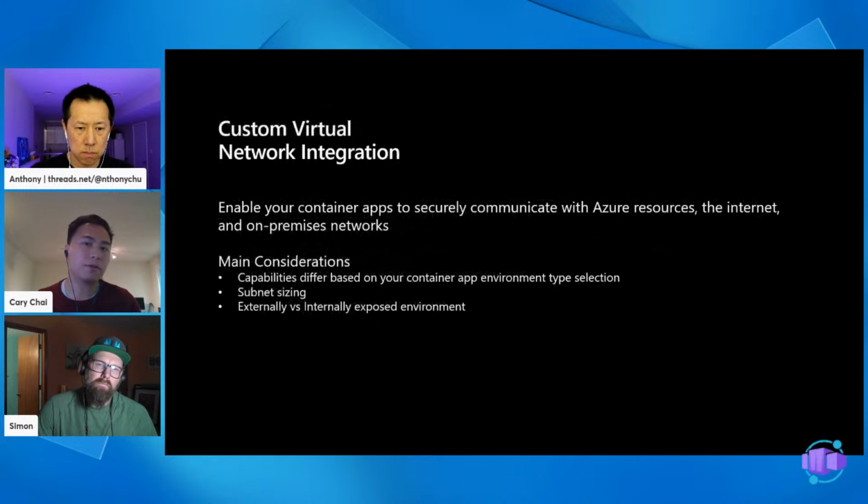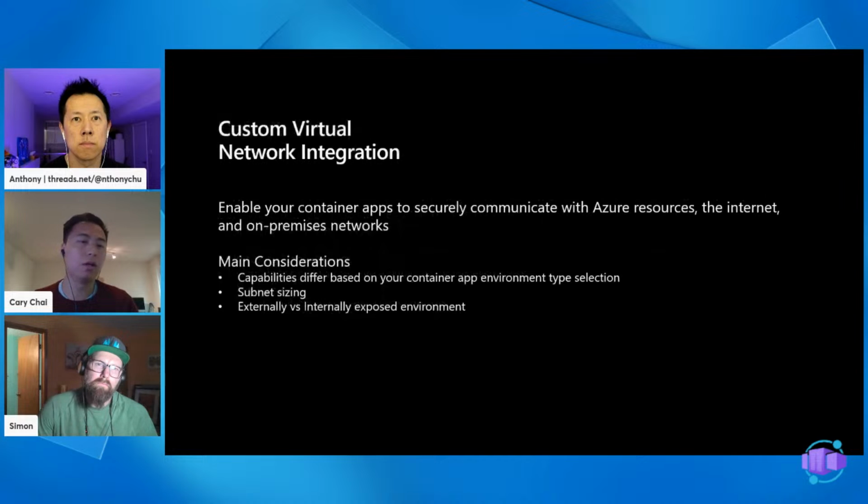With that, the custom virtual network integration enables your container apps to securely communicate with Azure resources, the internet, and on-prem networks. When you are creating your container app environment and deciding what virtual network you want to integrate with, there are really 3 main considerations.